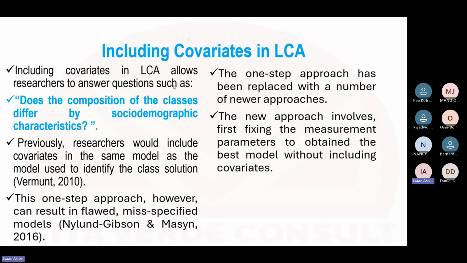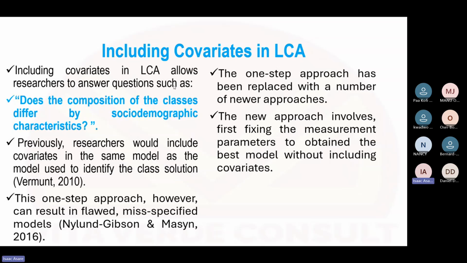Don't include them. Finish running that 30 or 40 or 50, whatever items that you have, like those categorical items, binary items, yes or no, true or false, and so on. Run such a model first. After that, then you include the covariate.